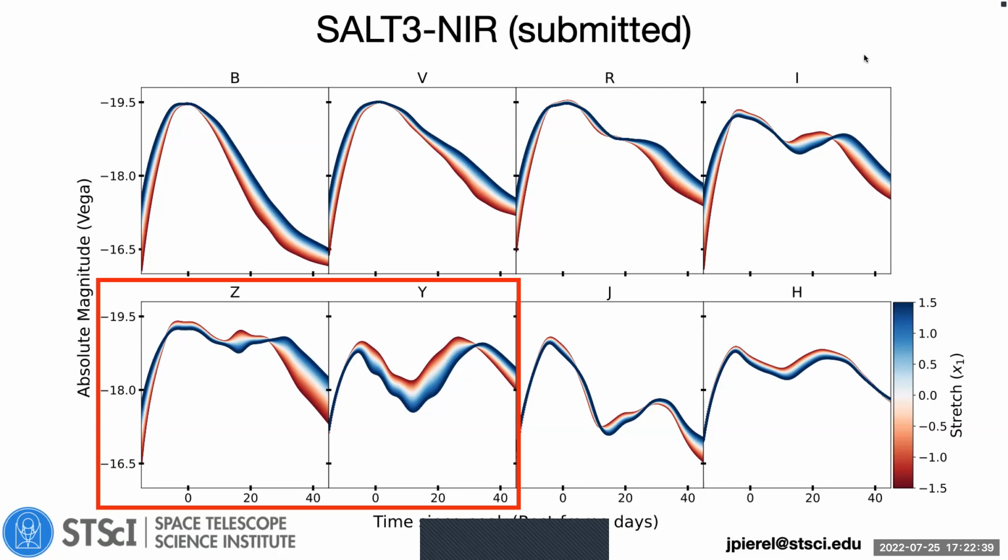Well, you can't really do both at the same time. What I mean by that is you can use the SALT model, say, to measure time delays, for example, or you could use just some polynomial, right? It doesn't really matter. In that case, it's not the model itself that makes the difference. And then you could use SALT or whatever model to do the standardization for a luminosity distance, right?